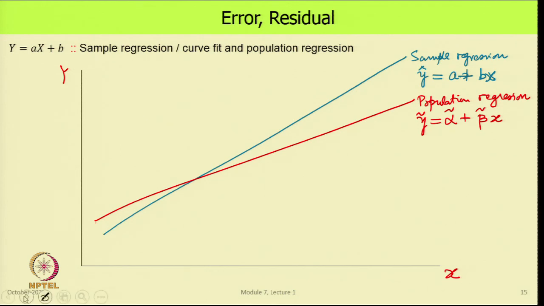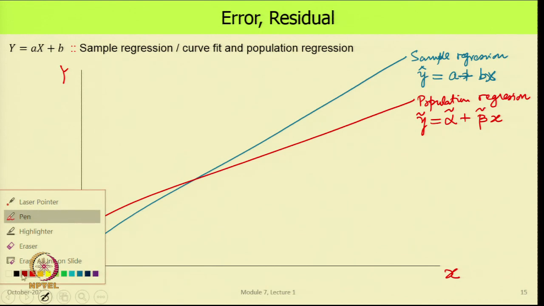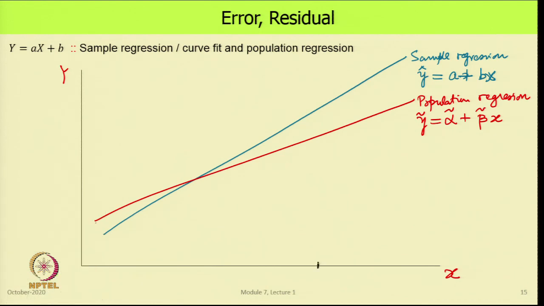And if we take any value of x, say here, then we get 2 points. One from the population regression, and this is what we call the corresponding y tilde, and this we call y hat. But our data point could have been somewhere there.